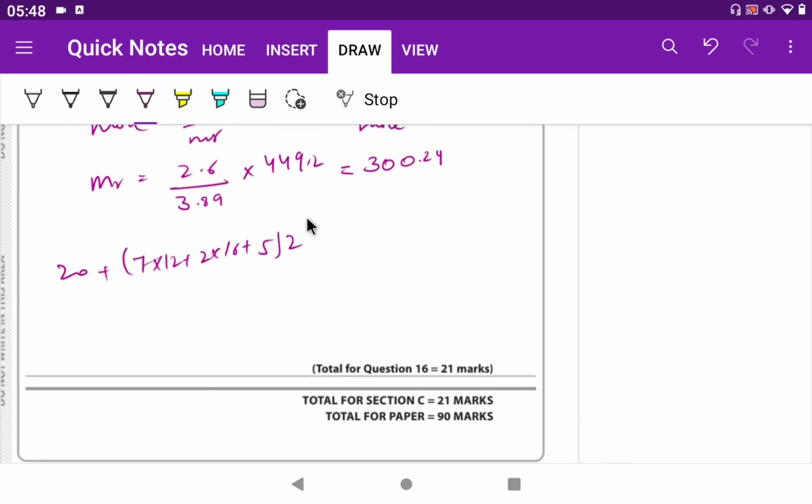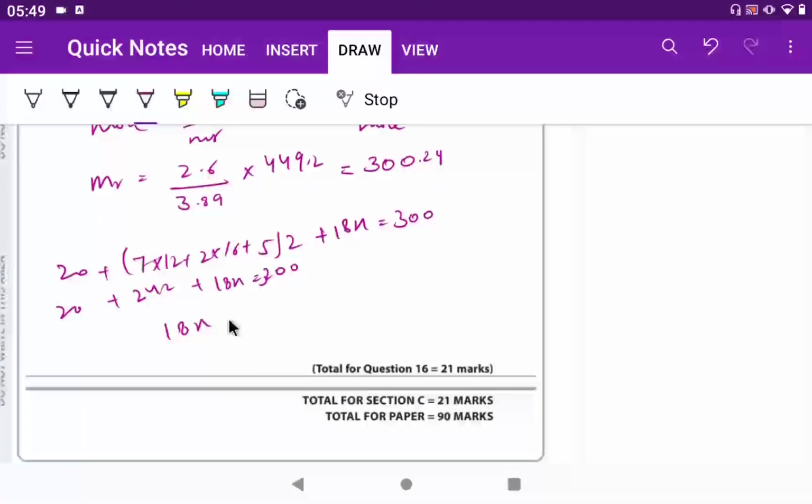Okay, plus X times 18, and this is equal to 300. So 20, and this number is 7 multiplied by 12 plus 2 multiplied by 16 plus 5, and the whole multiplied by 2. So 242 plus 18X equals 300.